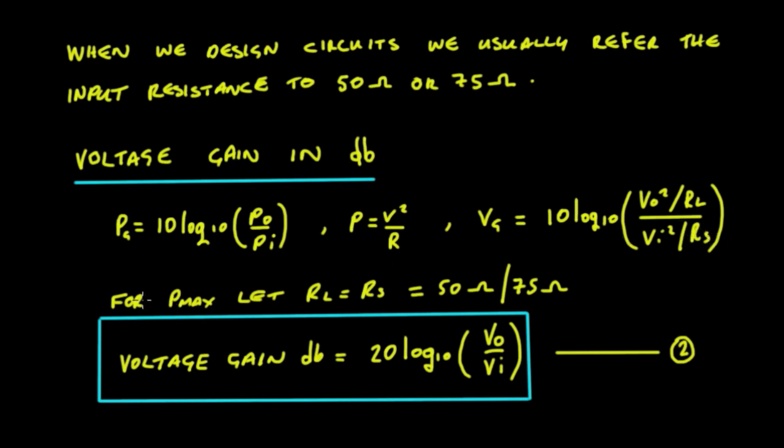Now this is the thing about the maximum power transfer that we just worked out. In order to get the maximum power transfer, we have to say that RL would have to equal RS.